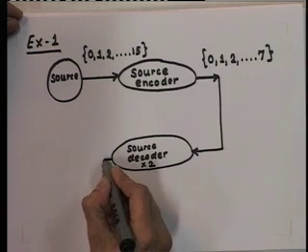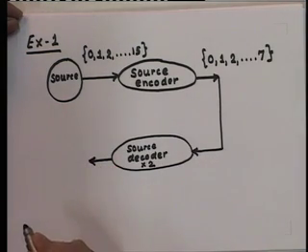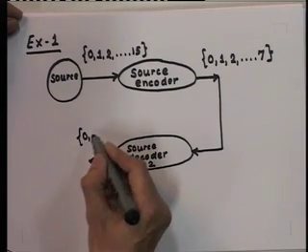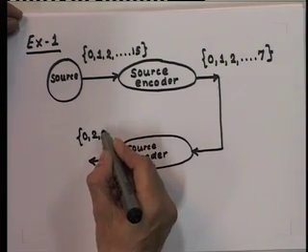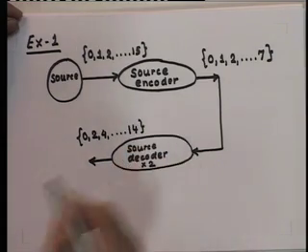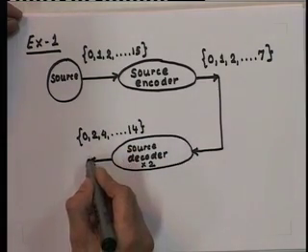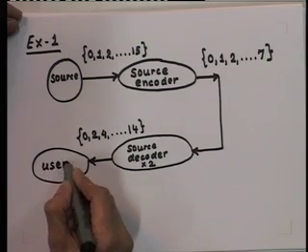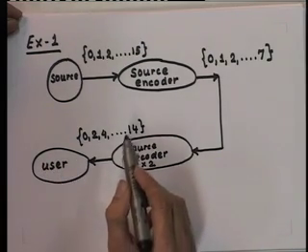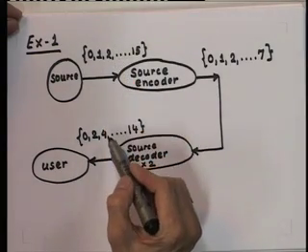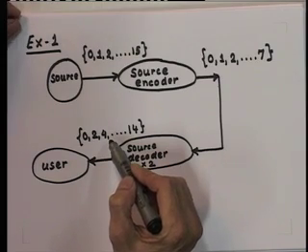Thus, the reconstructed alphabet is 0, 2, 4 up to 14. So, in this case, the source alphabet and the reconstruction alphabet are distinct.